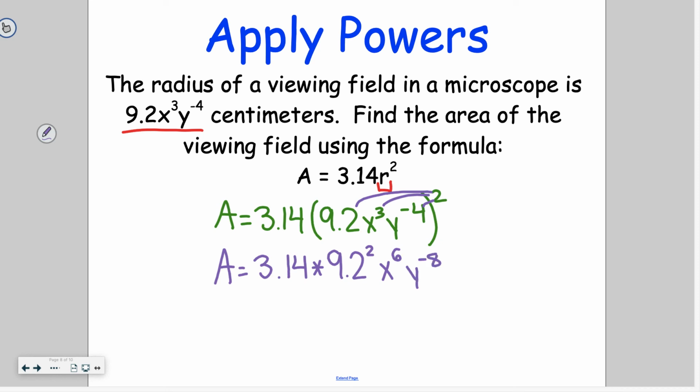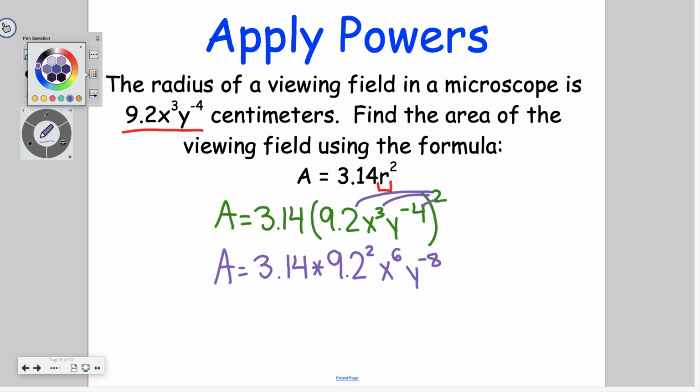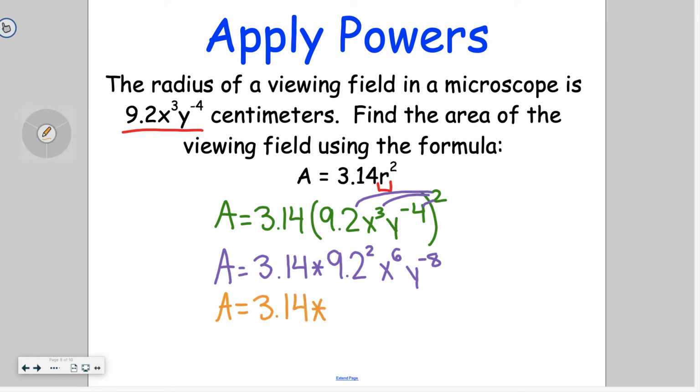Next thing we're going to solve is that 9.2 squared. So I've got area is equal to 3.14 times 9.2 squared, which is going to be 84.64. So 84.64 after you type that into the calculator and square it, and then you've still got your x to the 6th and your y to the negative 8th.